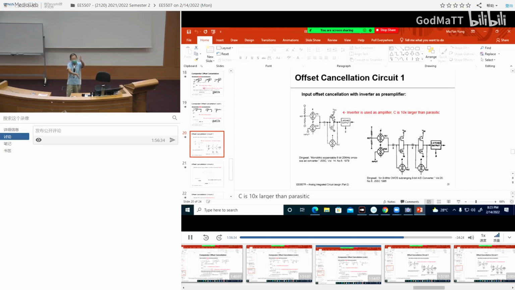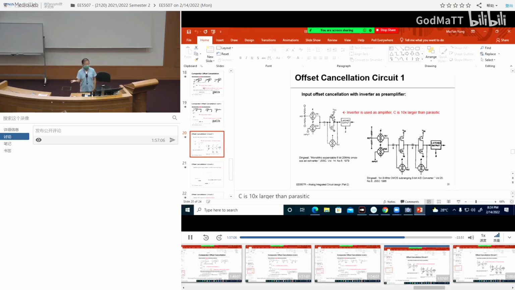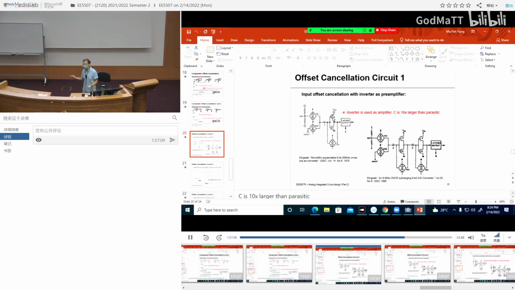Input is low, output is high. Input is high, output is low. How about in between? There's a slope, a certain slope, and this slope is what we call the high gain part. That's what you need for an amplifier, you need a high gain. You cannot use it at the two sides where it's flat, because there's no gain, but you can use it during the transition where there's a gain. So now the question is, how do you use the inverter as an amplifier in the high gain region?